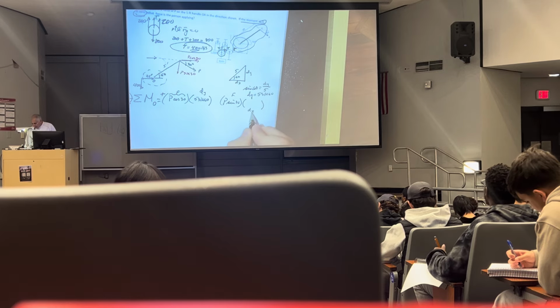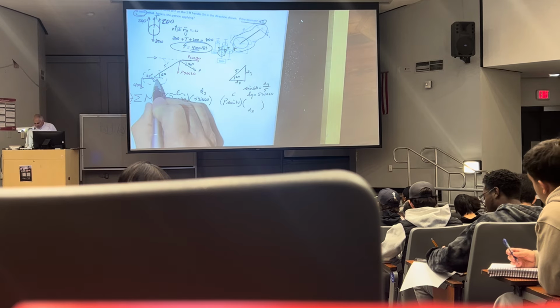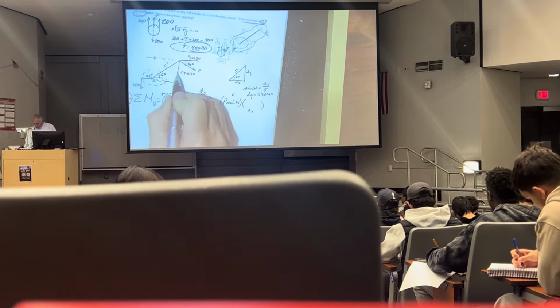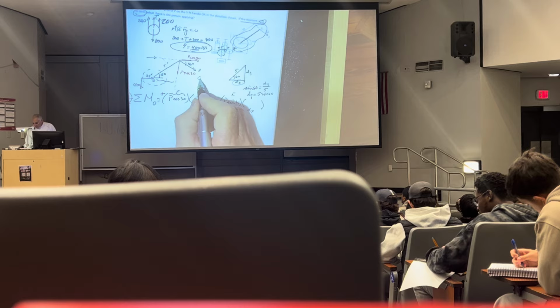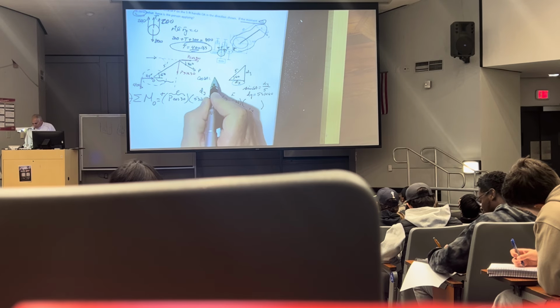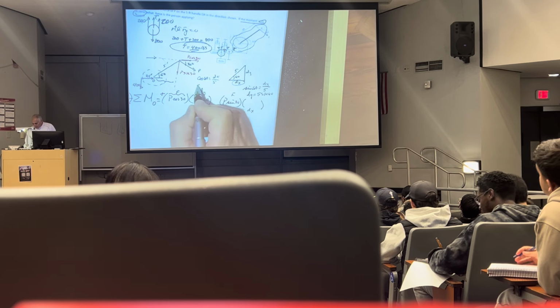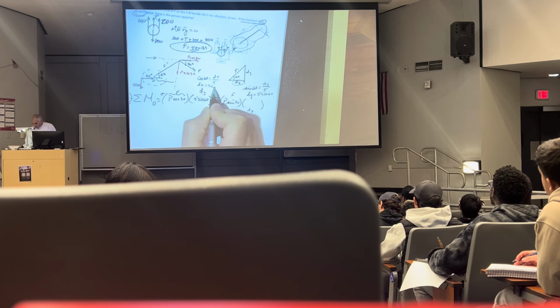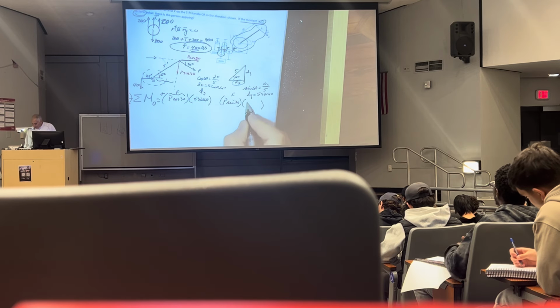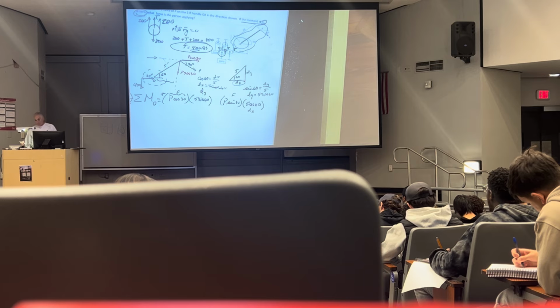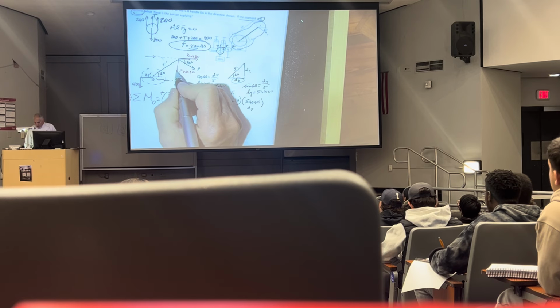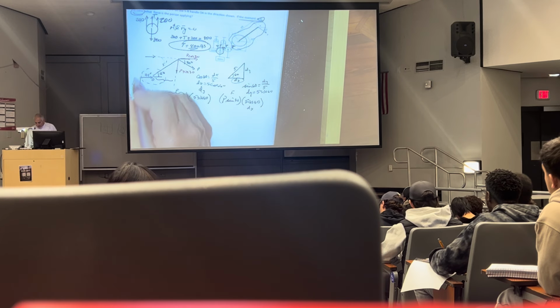This is dx. Because I need this distance now from here to the line of action of the force. Cosine 60 is equal to dx over 5. dx is 5 cosine 60. So this should be 5 cosine 60. Positive or negative? Well, if I follow the arrow around O, what do I get?